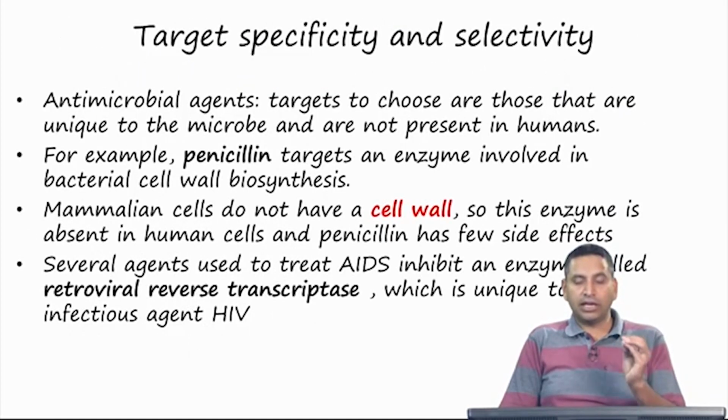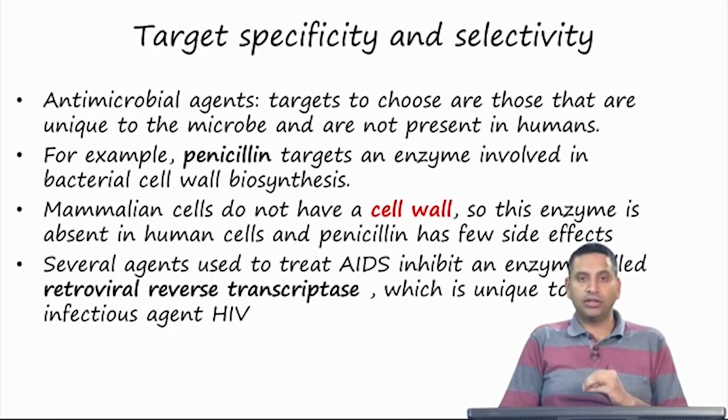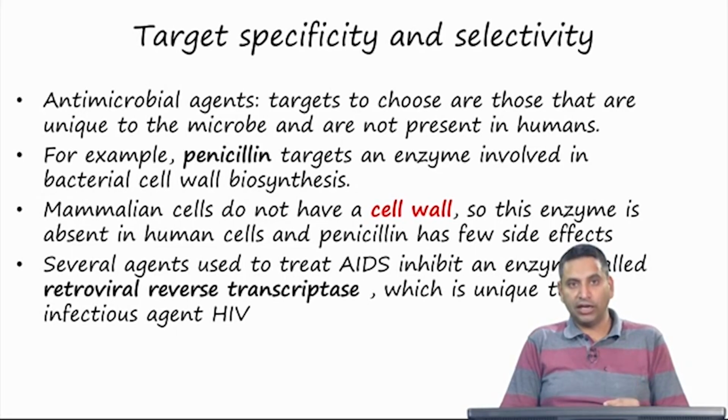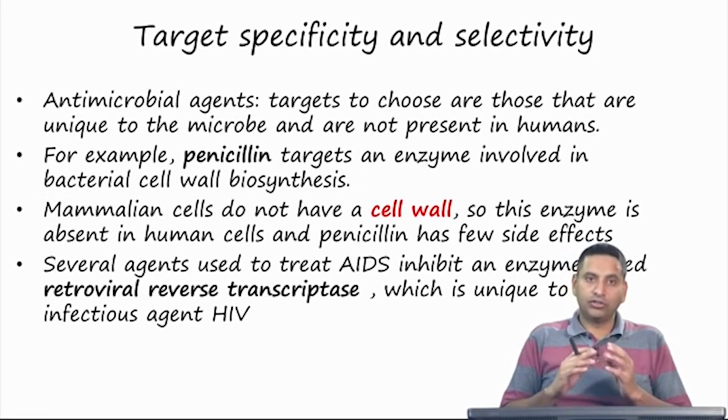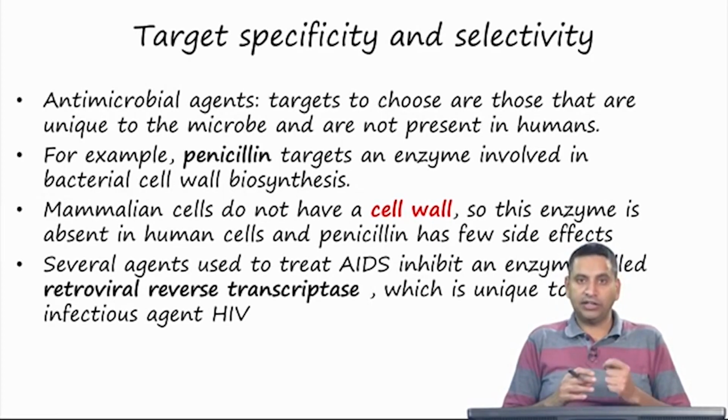Let us look at the case of antimicrobial agents. So, with antimicrobial agents, one would want to choose a target that is unique to the microbe, but is not present in humans. So, for example, penicillin targets an enzyme which is involved in the bacterial cell wall synthesis. Mammalian cells do not have a cell wall, and so this enzyme is absent in human cells, and penicillin has few side effects.